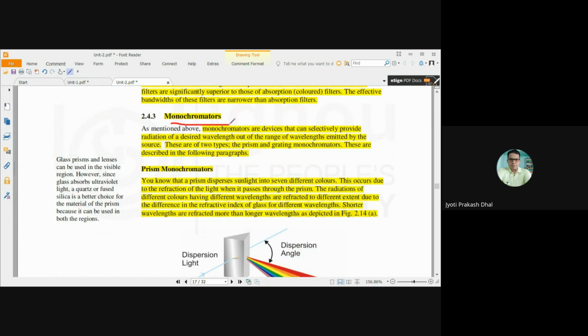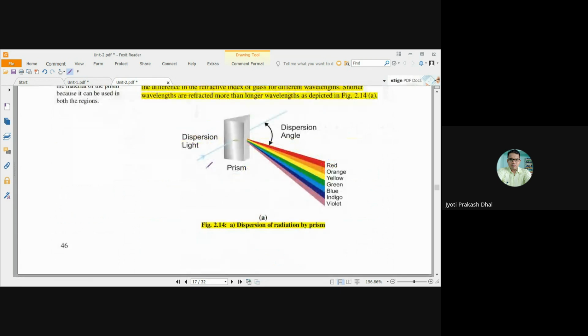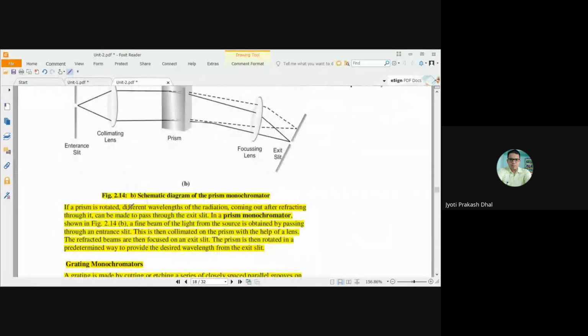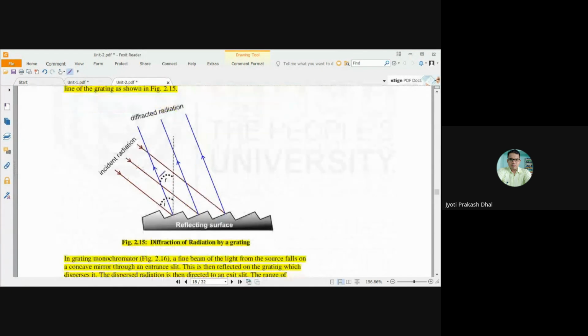Then coming to the monochromators. Different monochromators are there. The first one is the prism monochromator. Initially prism monochromators were used, but nowadays grating monochromators are used. The function of the monochromator is to allow electromagnetic radiation of a particular wavelength to pass through the sample, and we see whether it is absorbed or transmitted.